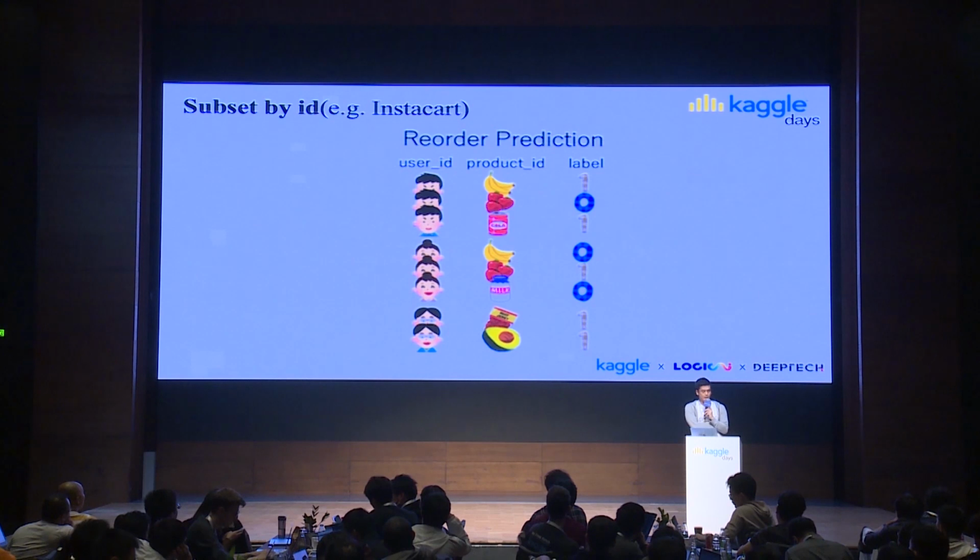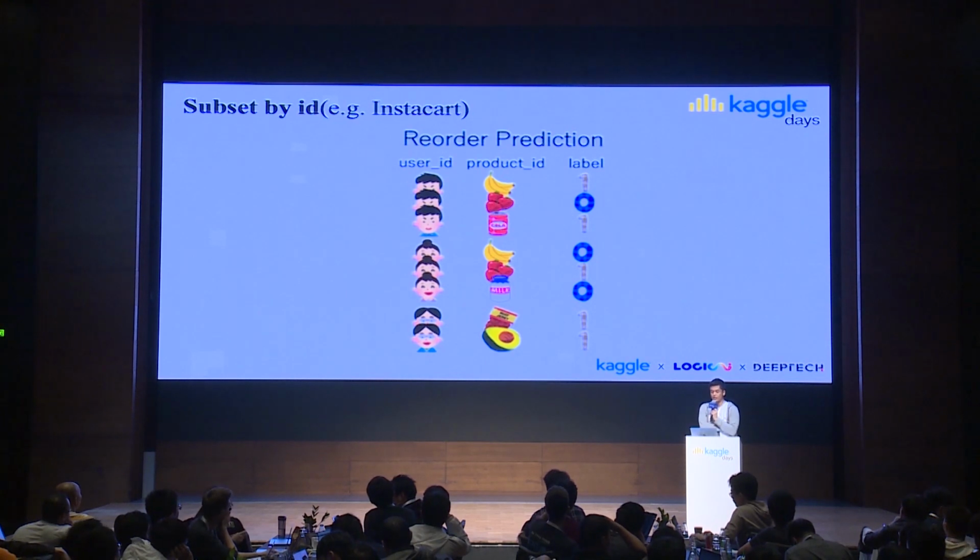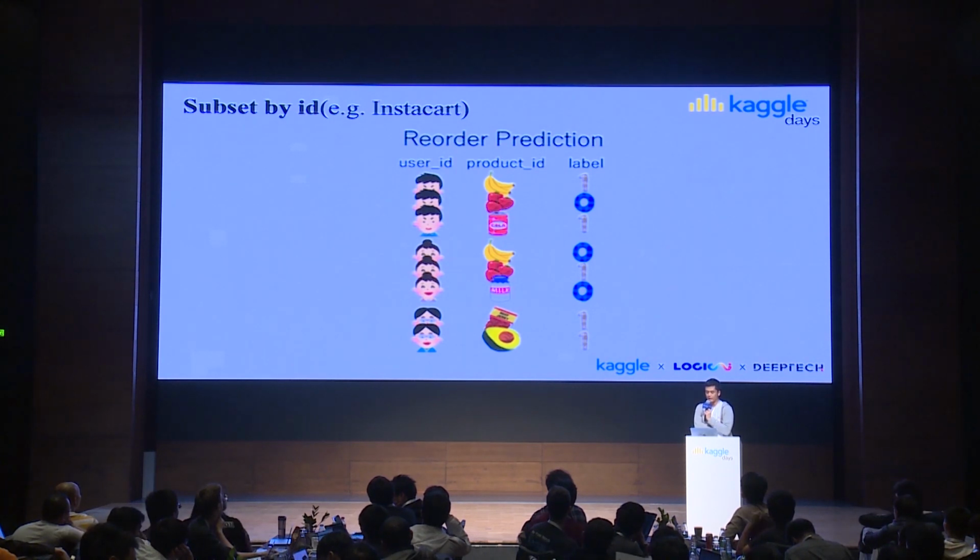Just imagine, for example, having milk ready to be added to your cart right when you run out, or knowing it is time to stock up again on your favorite, something like ice cream.